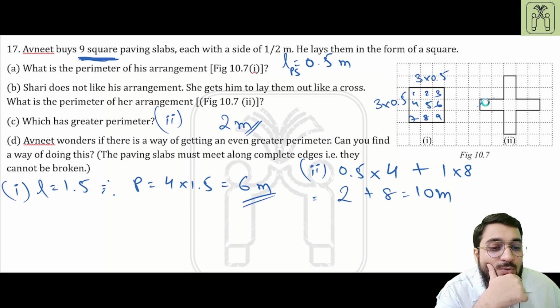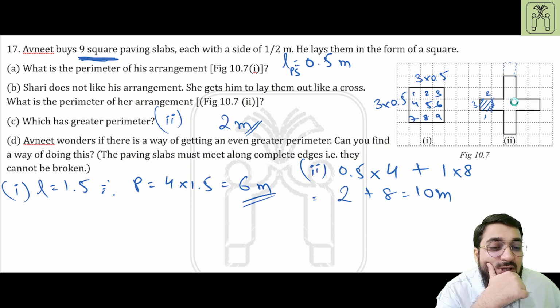If I try to move this particular slab over here, let us say, what will that do? It will do nothing, because here also one side, two sides, and three sides were there, and this side was unexposed.